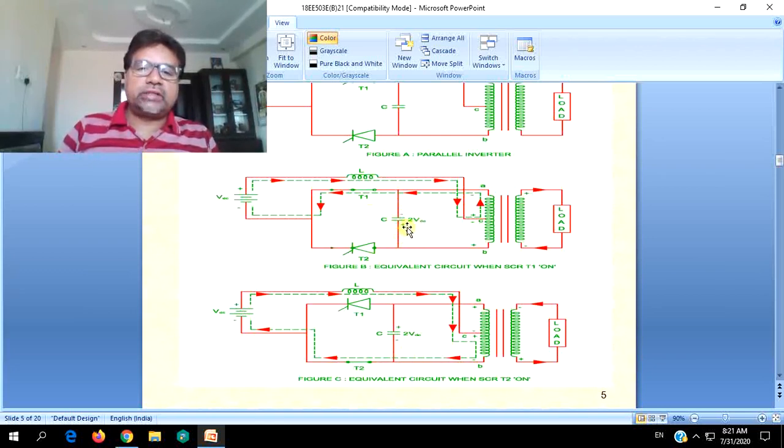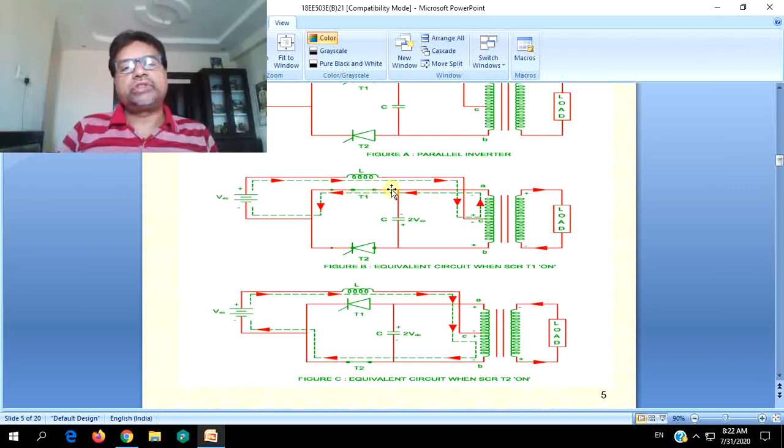Consider this voltage positive, T2 will be closed, T1 is still conducting, T2 is closed. So the capacitor applies a voltage via T2 in reverse to the anode of T1.